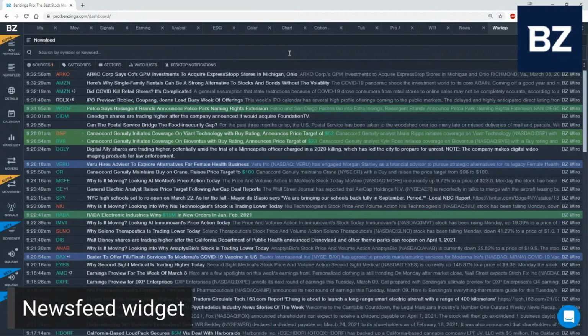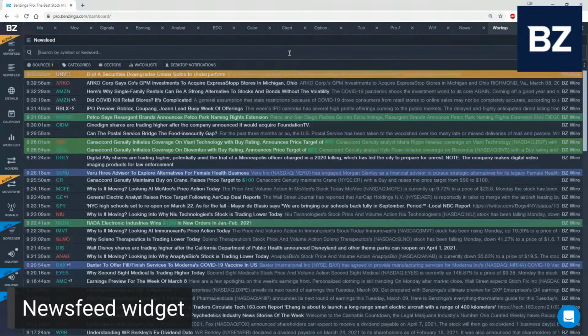And the answer is twofold. Number one would be the speed. And when we're talking about latency or speed, I would divide it into two categories. One would be the manually written headlines from our professional news desk. And you can see on the right hand side there, it says BZ Wire. So when you see BZ Wire, that's our curated news feed.